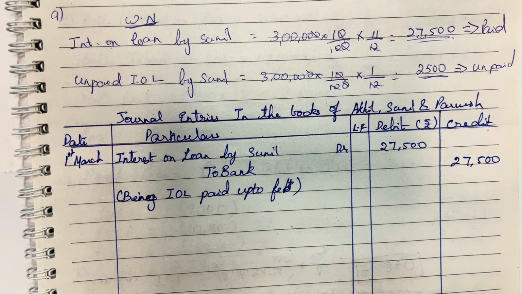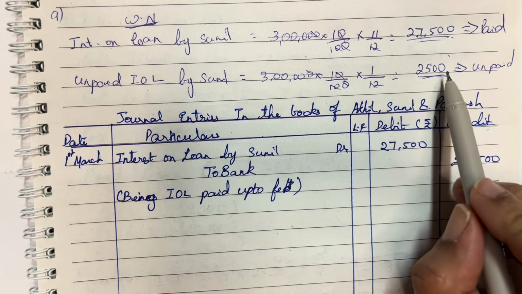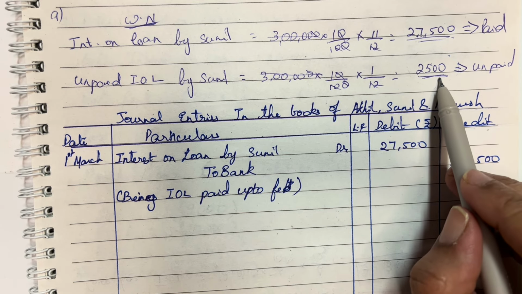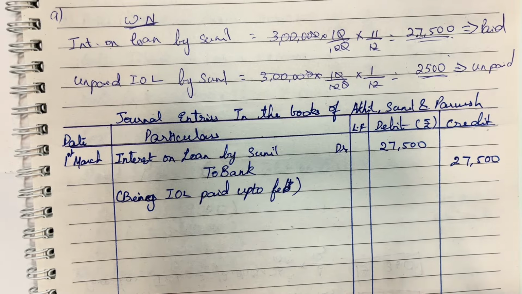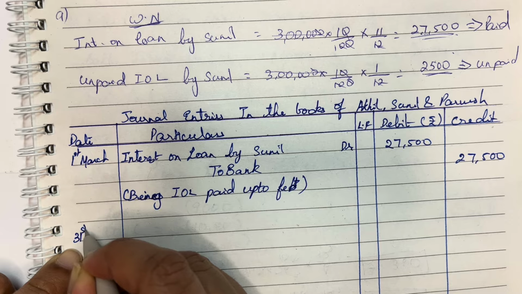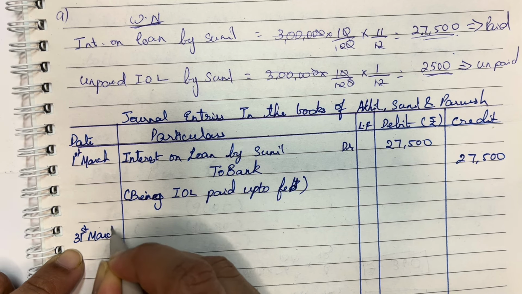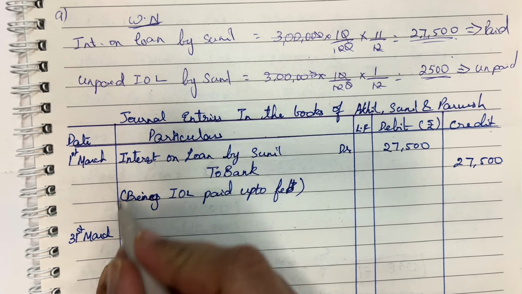Now, again, we have an unpaid amount, which would also go into our journal entries. Why are we putting it into our journal entries? Because this amount will also be provided by the firm. When would it be provided? On 31st of March. Okay, this is just an assumption that on 31st March the firm is giving. What is the firm going to give?